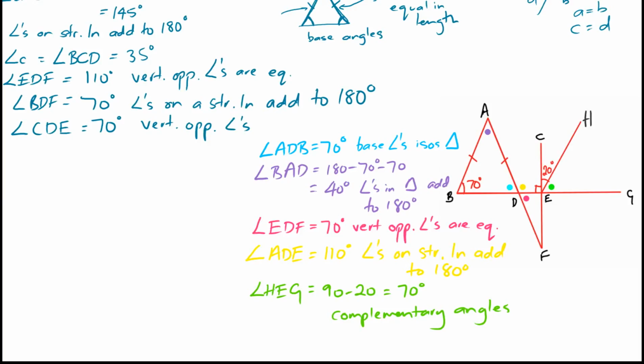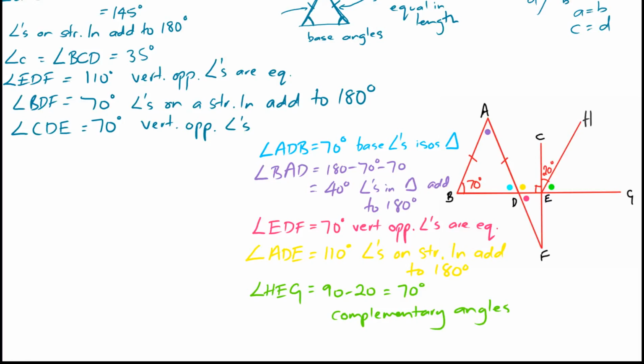Knowing this blue angle here, angle BDA, is 70, the angle vertically opposite it must be the same. So this pink angle here, angle EDF, is also 70 degrees. The reason is vertically opposite angles are equal.